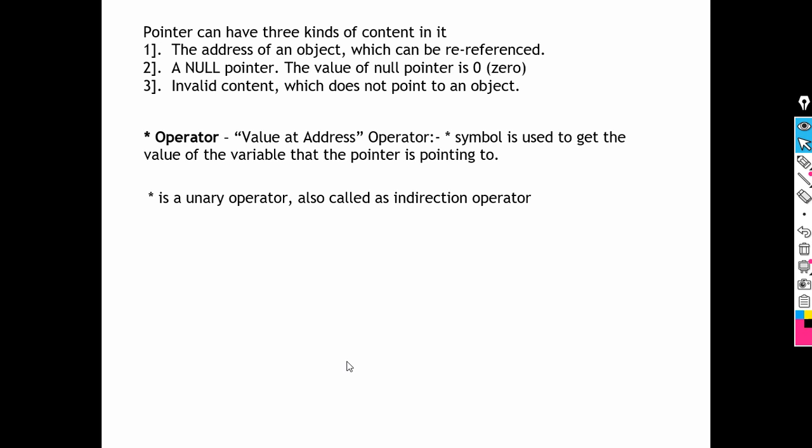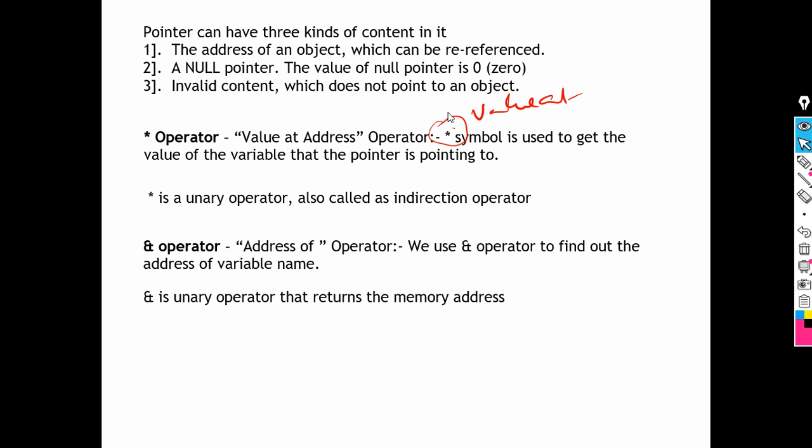Here the operator asterisk is used to access the value at the address. Asterisk will act like 'value at'. Asterisk is a unary operator, also called an indirection operator.